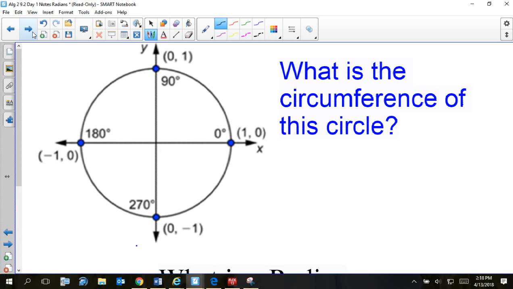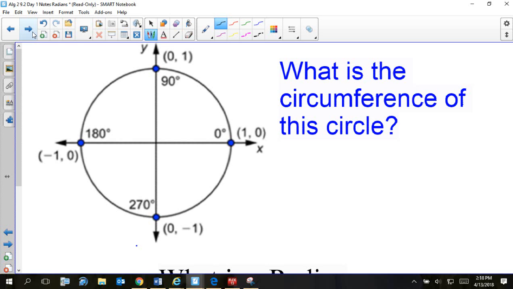There are conversion factors. Radians and degrees are like inches and centimeters. They measure the exact same thing, just in different units. And we use radians a lot in trigonometry. A lot. So we've got to understand what a radian is.